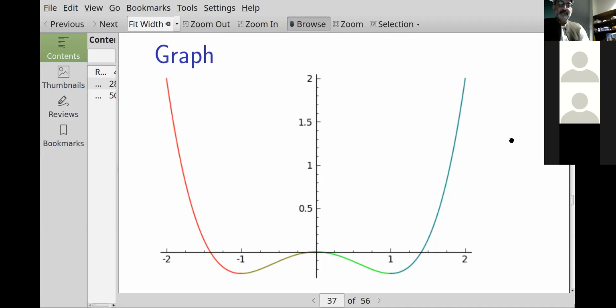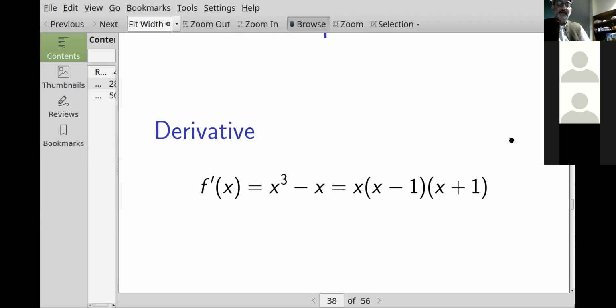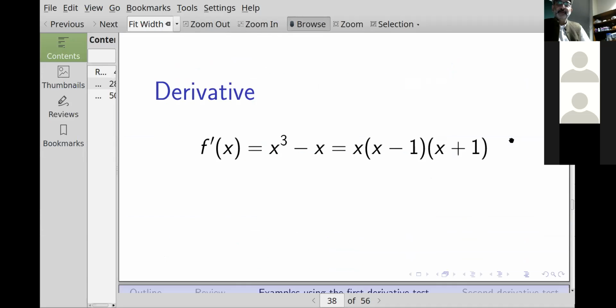So the points that we would like to check are all the points where the derivative is equal to 0. And if we're looking for global extrema, we should also check the endpoints. As before, the derivative of this function is x cubed minus x.